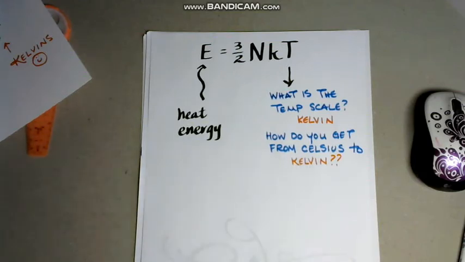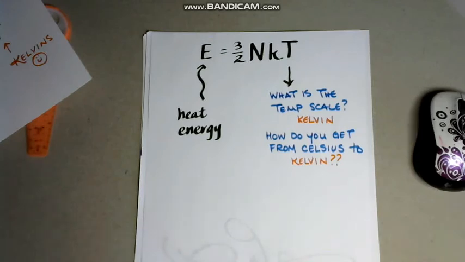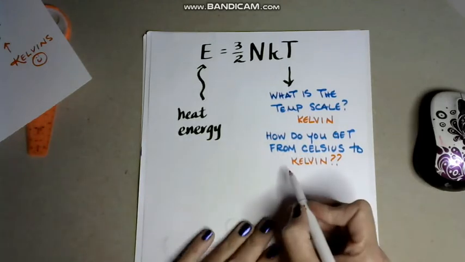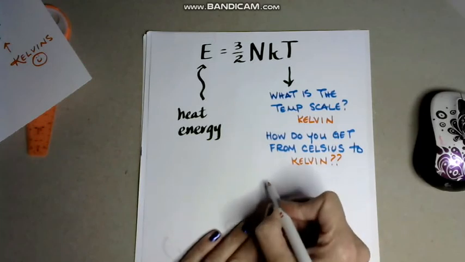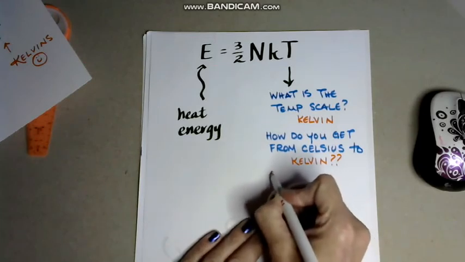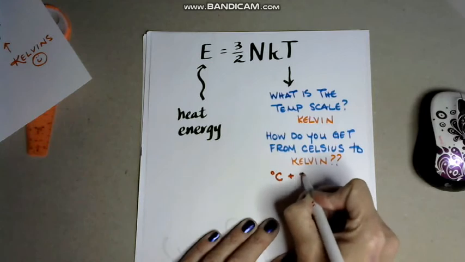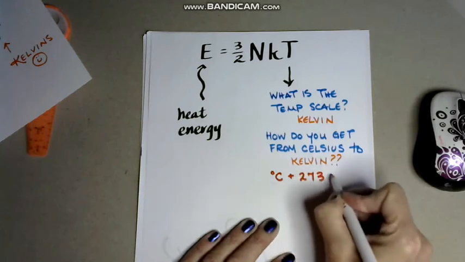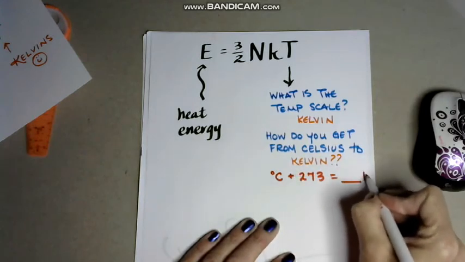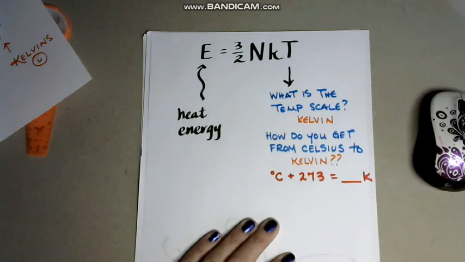I want you to explain that to me now. If you did not get the answer right, to get to Kelvin, you always take your degrees Celsius and add 273, and that equals your temperature in Kelvin. Make sure you understand that.